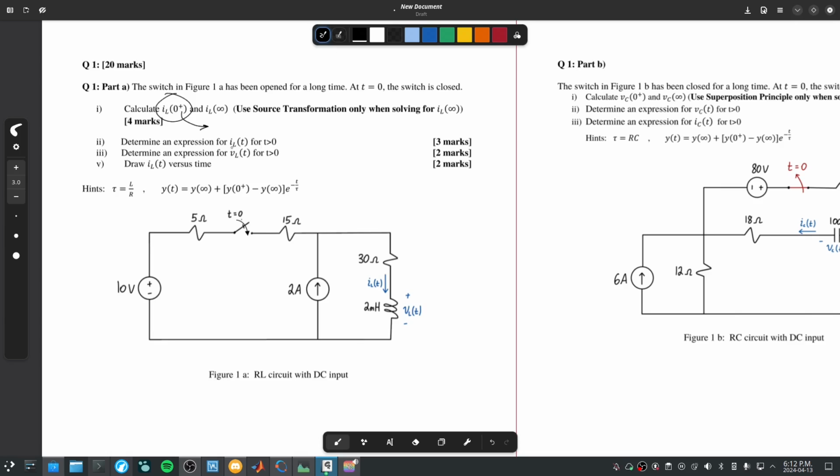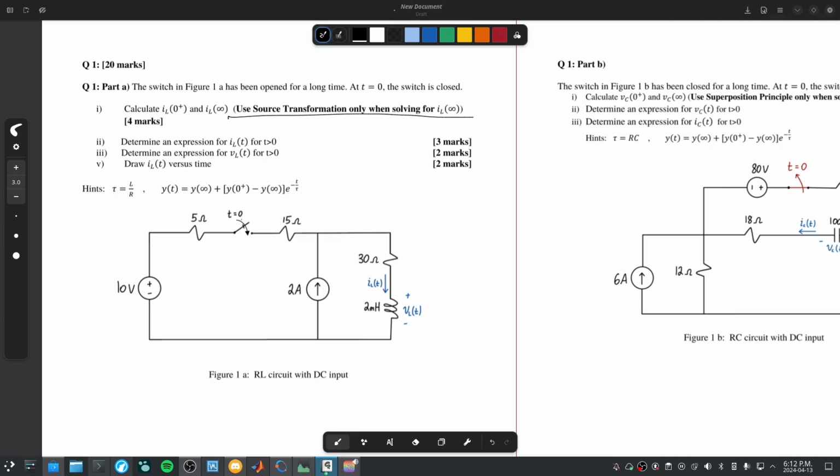Point is, it's asking what the current is just after you flip the switch, and what the current is after it's been flipped for pretty much infinity. It also asks us to only use source transformation when solving for IL at infinity.